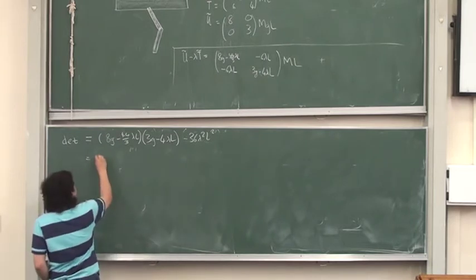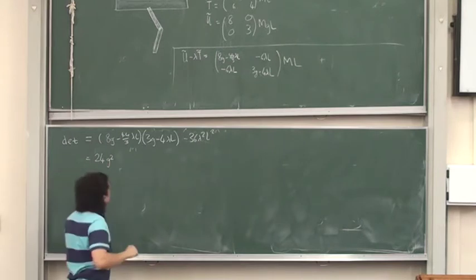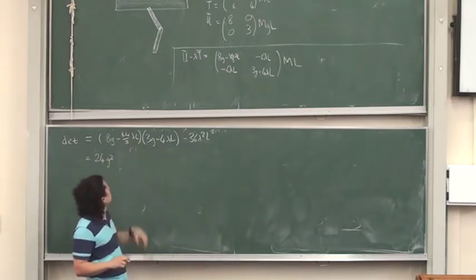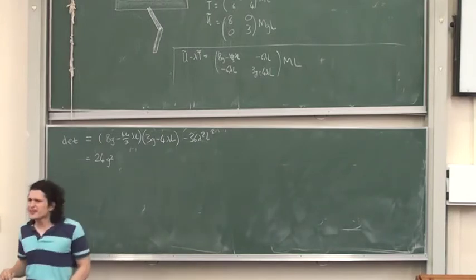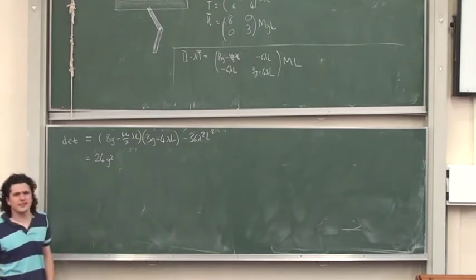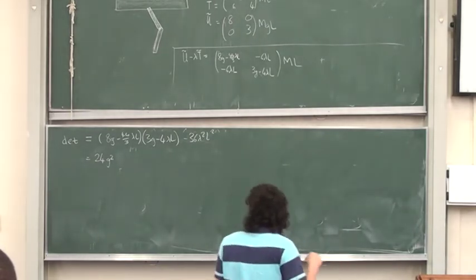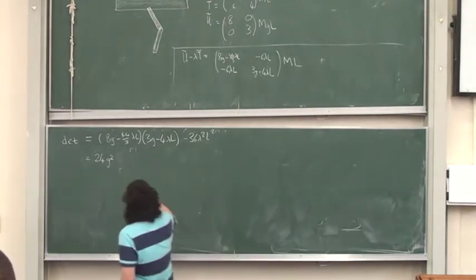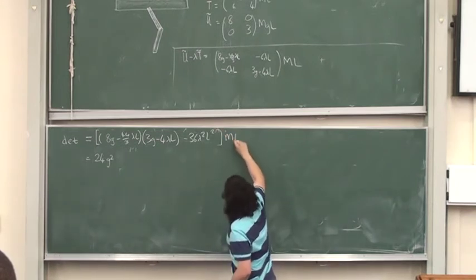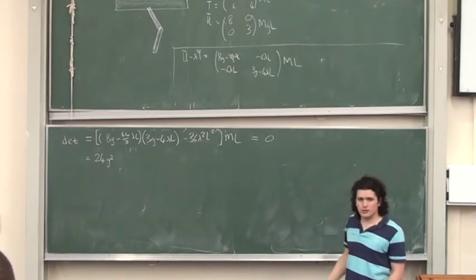That's equal to 24 g squared plus 44 times 4 over 3. Calculator. Right, so this whole thing should be multiplied by mL, and I'm going to set it to 0, so I can cancel it.